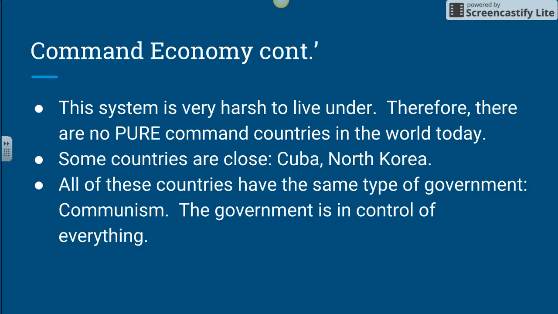The government is in control of everything. Now, it is a little bit hard to understand that we were saying that North Korea has a dictator, and that's true. The economy is still considered a command economy because the government controls everything in the economy.